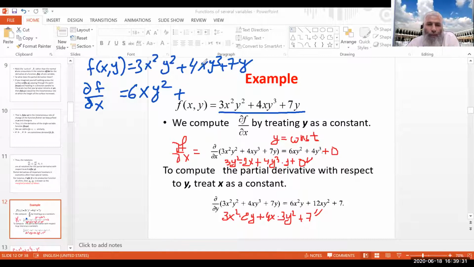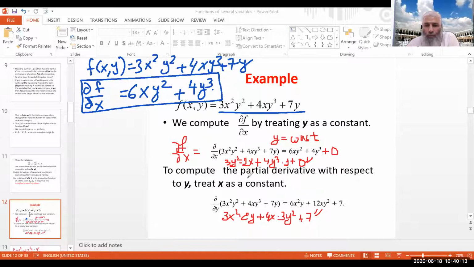Plus 4 multiplied by the derivative of x, which is 1, so 4y cubed, because y cubed is constant too. And the derivative of 7y is 0, because y is constant too. So that's it. This is the derivative.